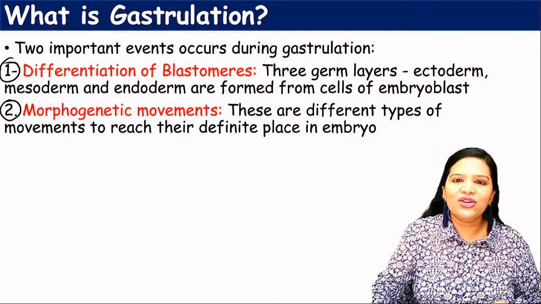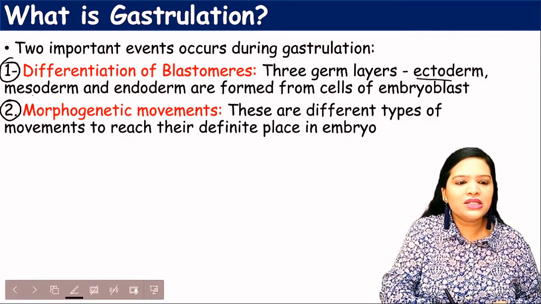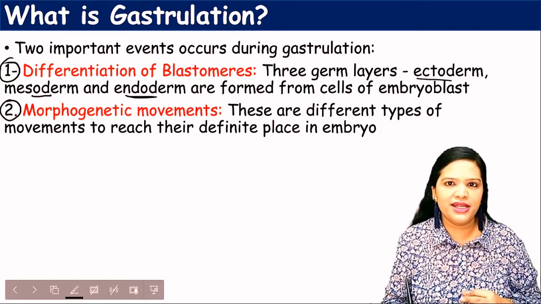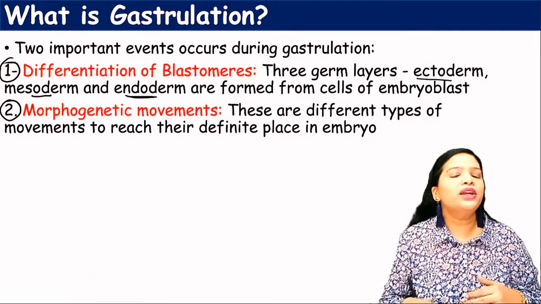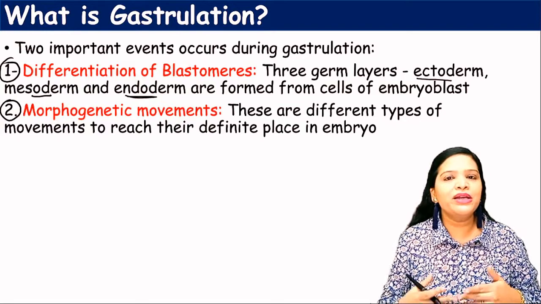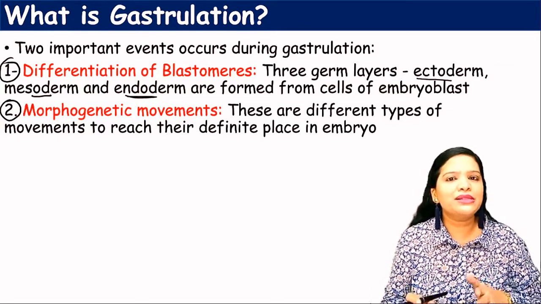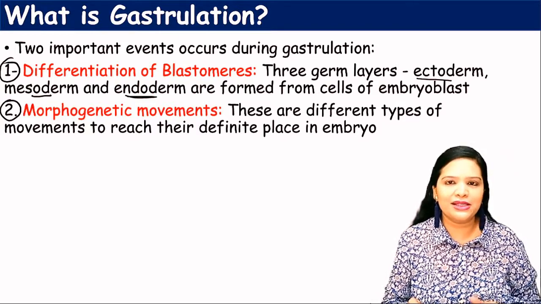They are called Ectoderm, Mesoderm and Endoderm. These three are the germ layers. From these germ layers only, all the organs of the baby develop. So the formation of these germ layers, this first step, is called differentiation of blastomere.